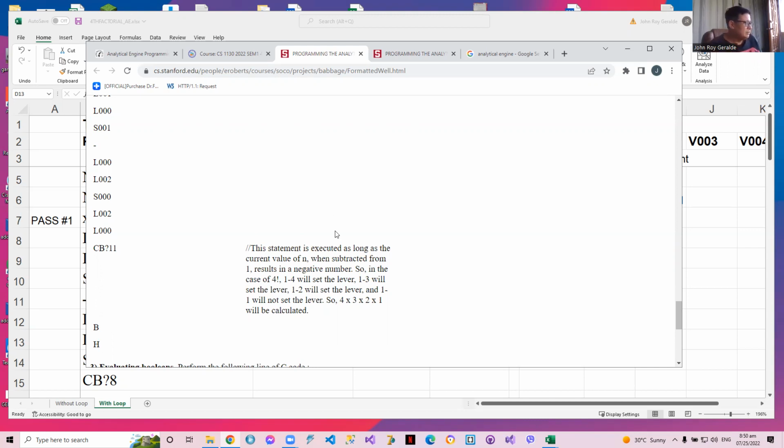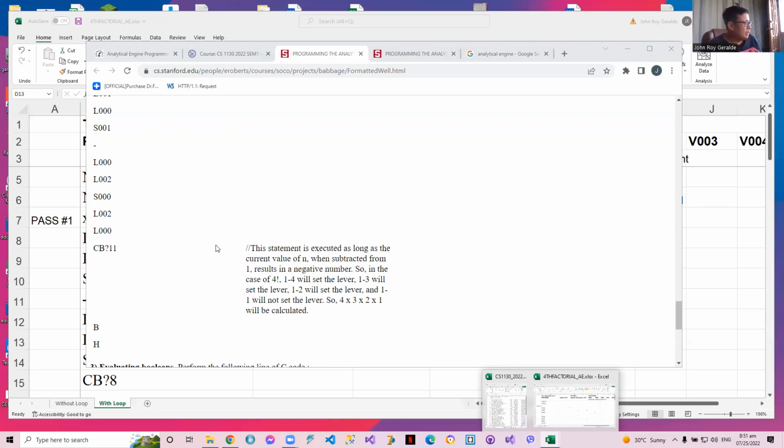Anyway, my problem here is the negative, because it's converted into a negative number.